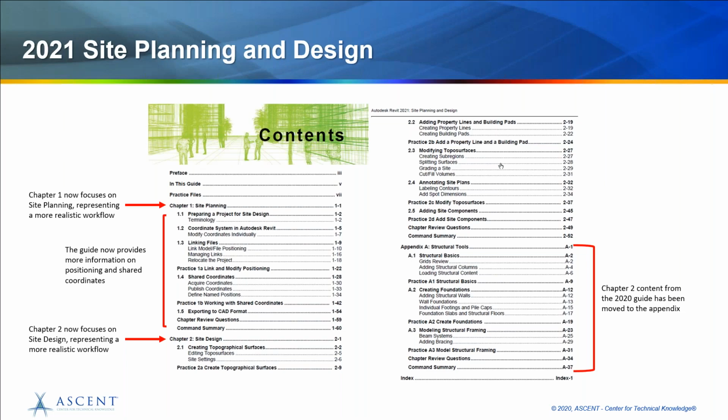Now, I have seen many different workflows over the years on acquiring and publishing shared coordinates and teaching it. But my purpose here is to break it down and to simplify things as much as possible. The Revit coordinate system and acquiring and publishing shared coordinates is complicated enough and is one of the hardest concepts to master because it's not something you use or do every day, right?